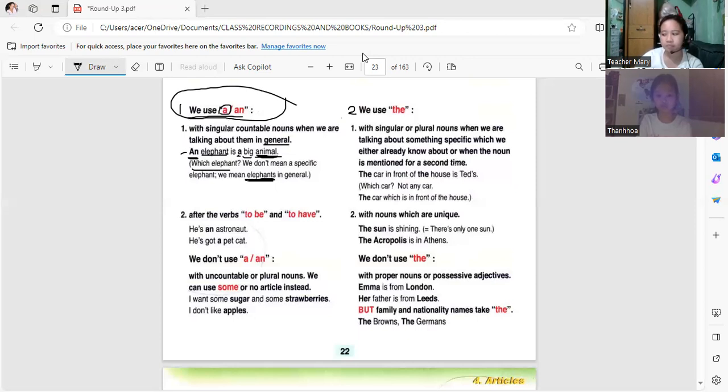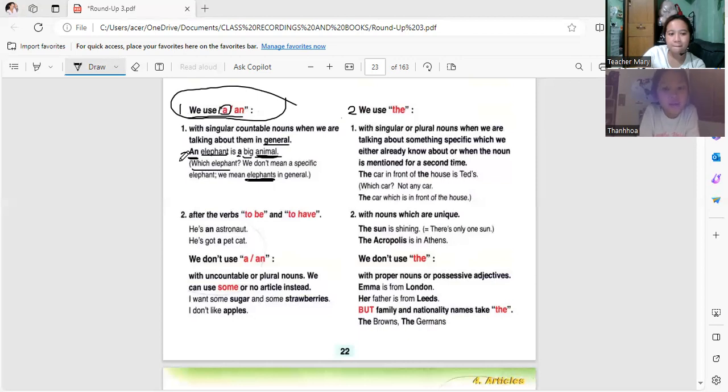For example, this one. Can you read it, please?